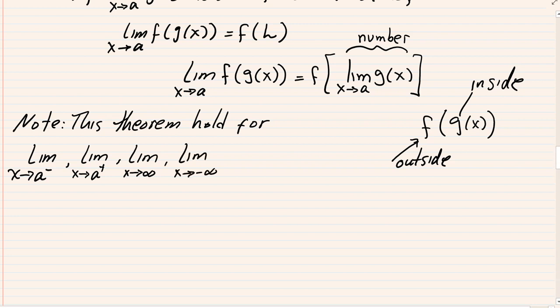There you go. So it doesn't have to be x approaching a. So it could be a one-sided limit, or it could be the limit as x goes to infinity.